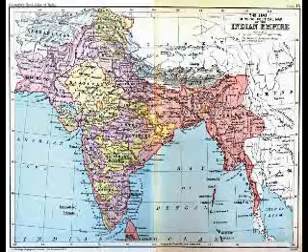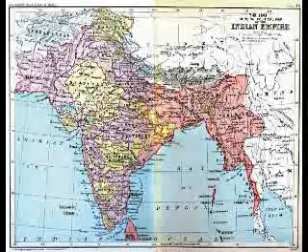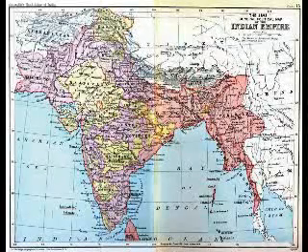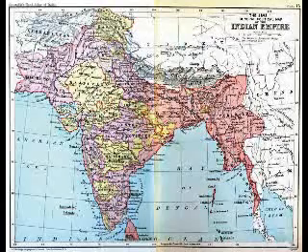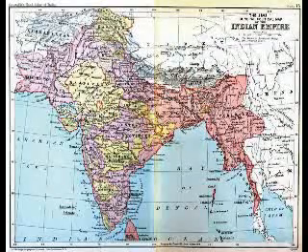Now we're going to talk about the article which has been written by Mahatma Gandhi. The article is called Harijan: States and the People.